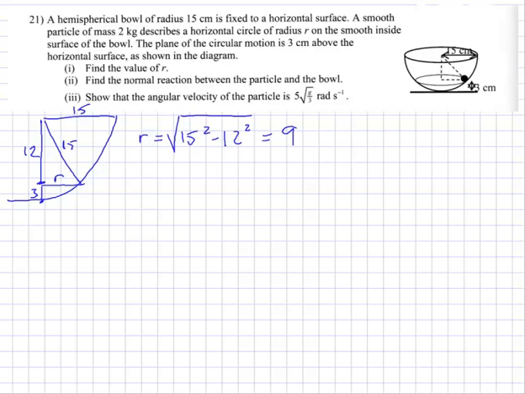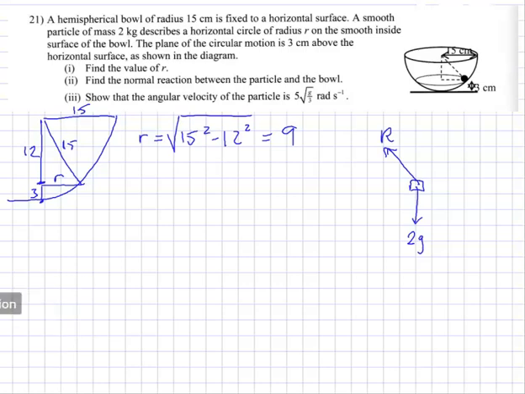The only thing that's causing the centripetal force is that normal reaction of the bowl, at right angles to that bowl. Let's call it R. And there is a mass of the object, so that's a weight going down of 2g.